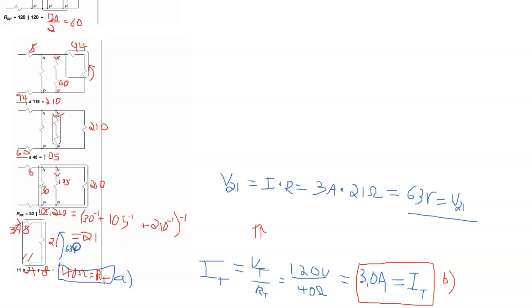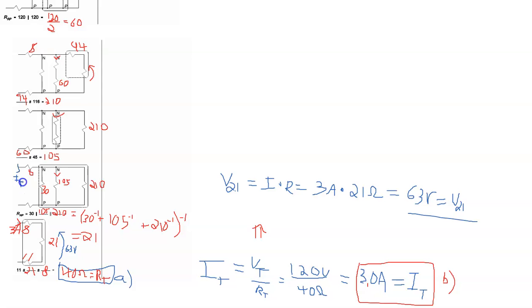Okay, so that means this voltage right here is 63 volts. Now I could find the voltage drop across the 8 ohm and across the 11 ohm as well. We're going to need the voltage drop across the 8 ohm later, and we know that IT goes through there, so we'll calculate it a bit later.